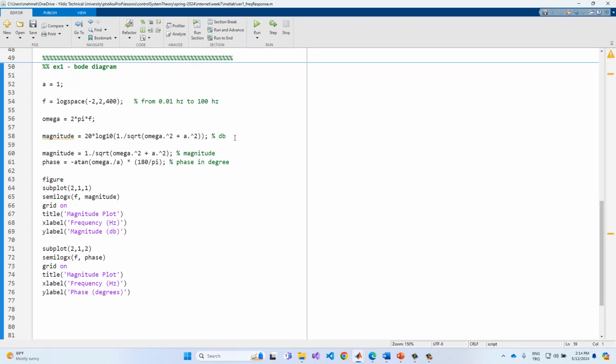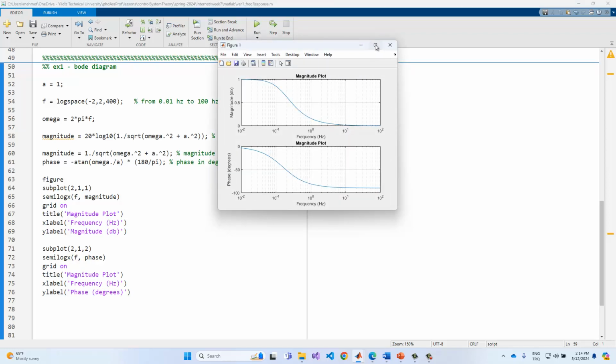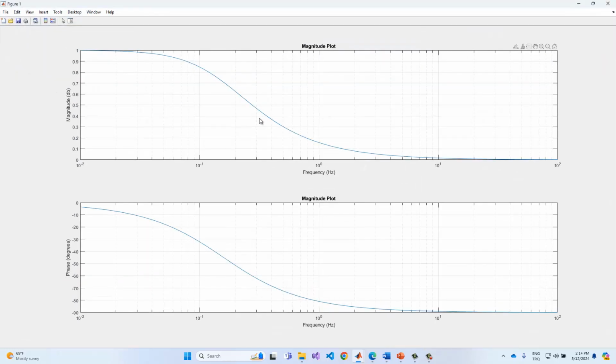The other one is the what? The decibel. And so if I rerun this code and then see that we have the magnitude in here. And so what does it mean at, for example, this location? If we apply the sinus signal to this system with the frequency of the what?